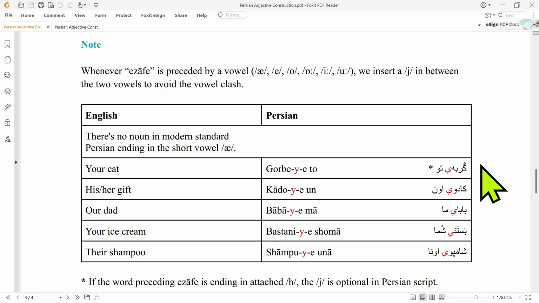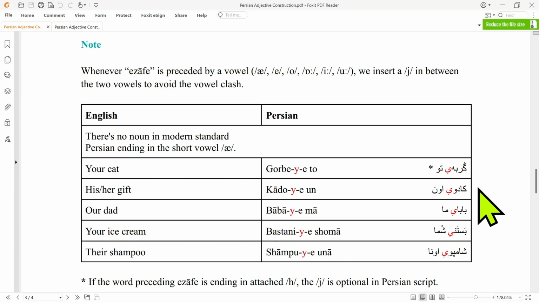For example, in a phrase like گربه تو, your cat, the word گربه is ending in the vowel e, and ezāfe is another vowel. So we insert a ی to avoid a clash between the two vowels.